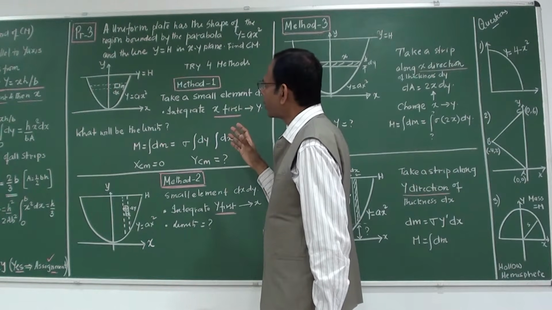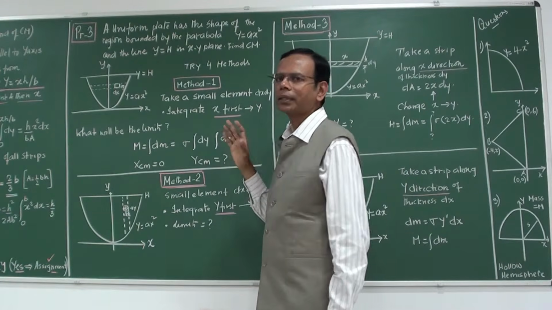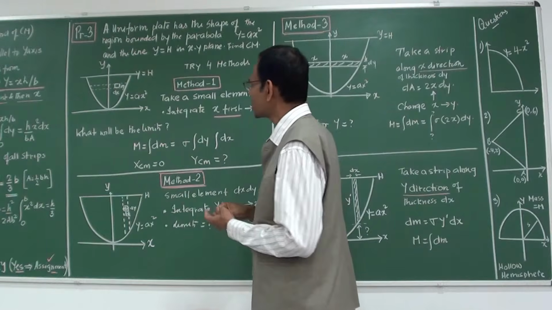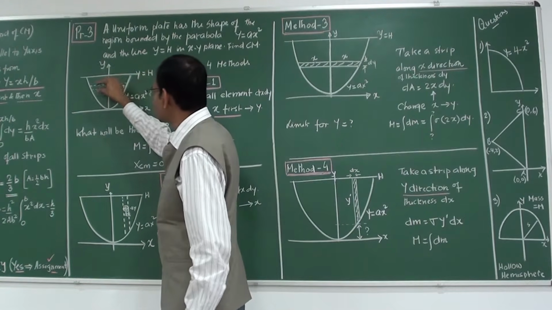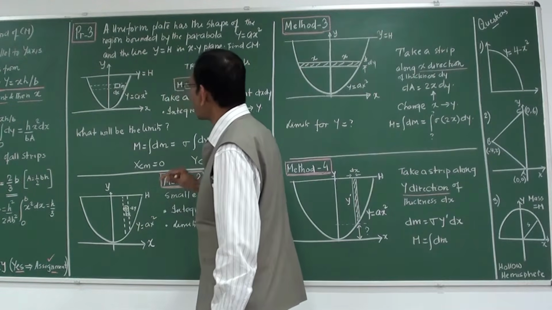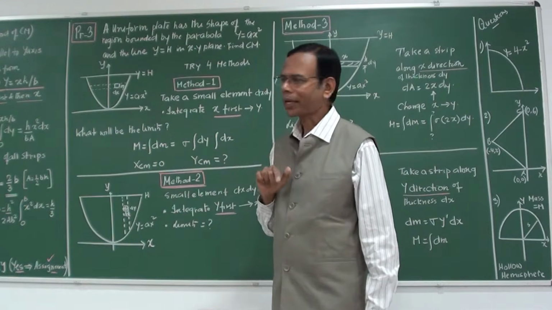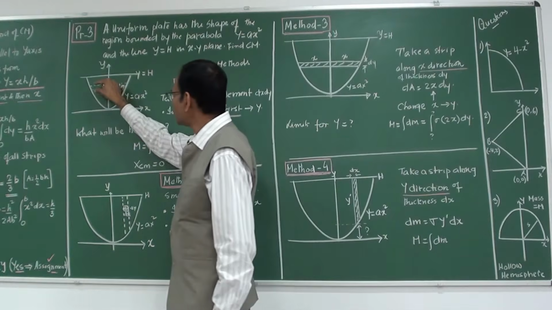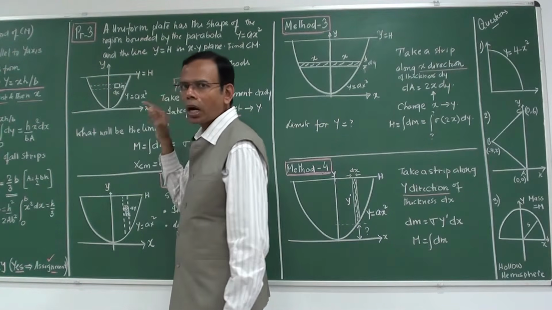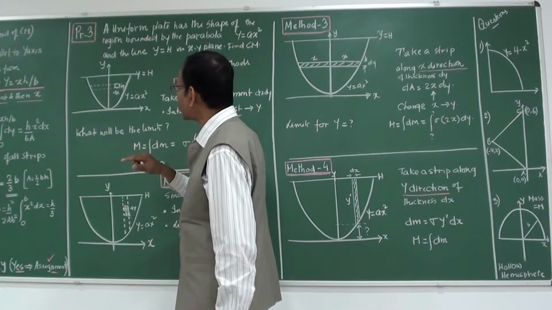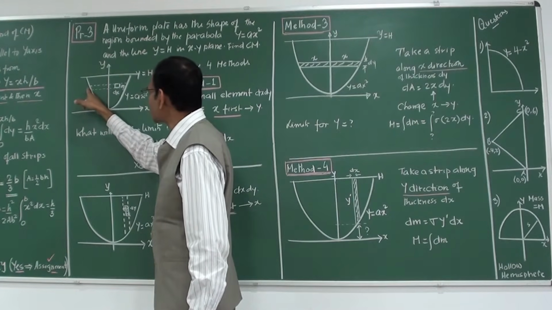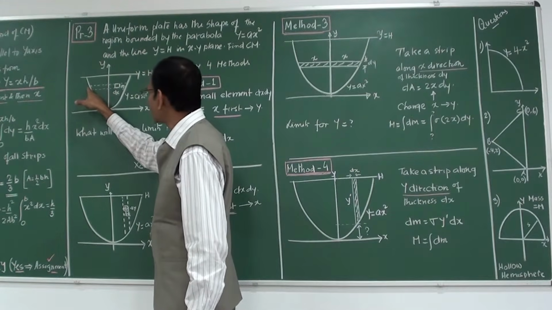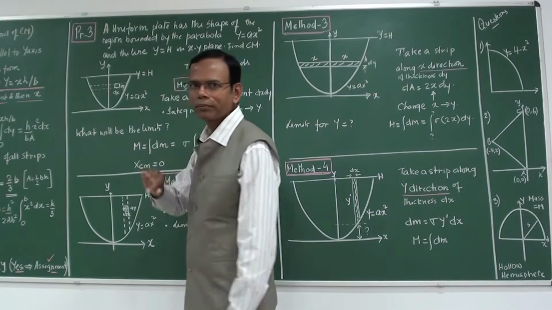Now, how will you take the limits? When you integrate x first, this is the way, these are the strips. What will be the limits of x? As you see, a small strip, how the limits are changing. What is the extreme lower limit and what is the higher limit? So from this point to this point.